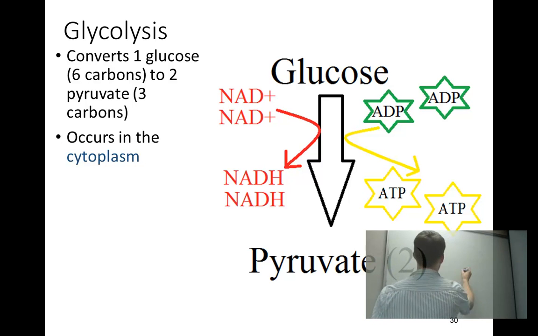I'm not going to draw all the organelles. I'm just going to draw a mitochondria. So out here is the cytoplasm. This is where glycolysis occurs.